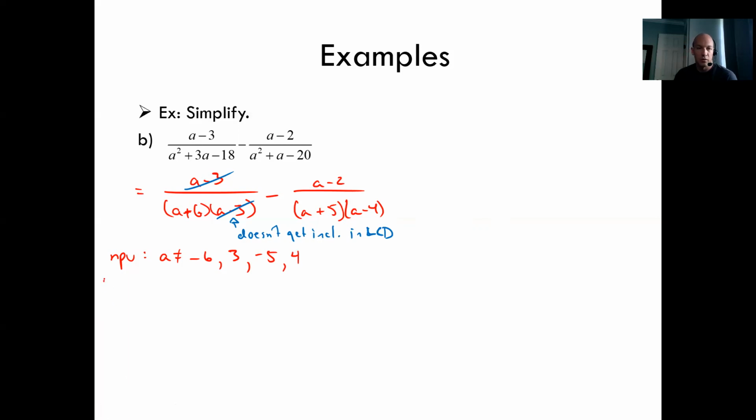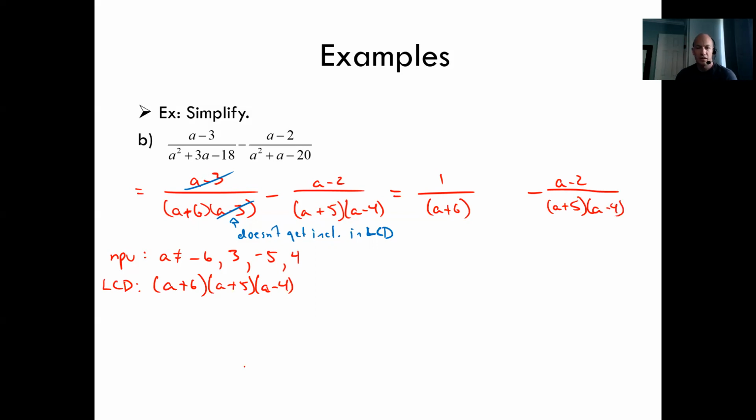So our lowest common denominator for this is a plus 6, a plus 5, and a minus 4. So this thing's going to actually turn into the first fraction simplifies into just 1 over a plus 6. I'll leave a little space to multiply that by something, and then the other one is going to look like this here.